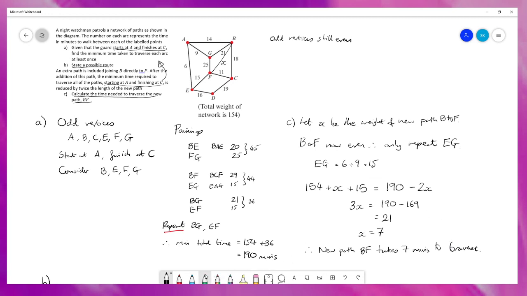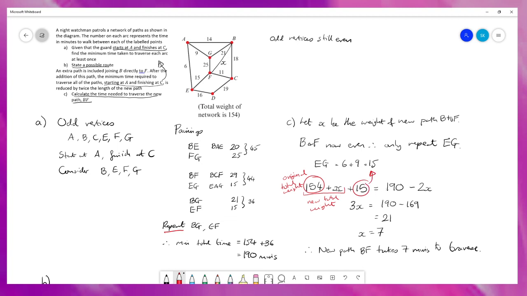So again, because students do find this type of thing a little tricky, I'm just going to go through this question again. So this is the original total weight. This is the new total weight. And this is the repeated parts.